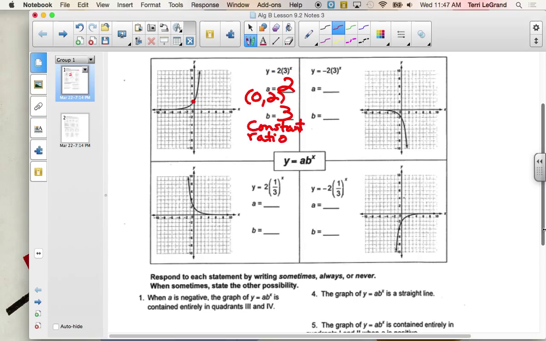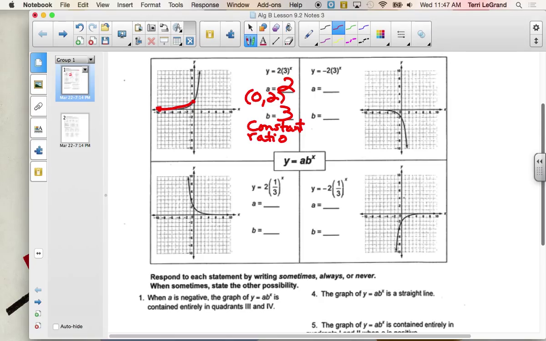Okay, so notice what's happening with the graph. What quadrants is the curve in? Only in 1 and 2, isn't it? Does it ever go down into 3 or 4? No. Even though you can't really tell for sure, it's really over here approaching the x-axis, but it will never actually touch it.